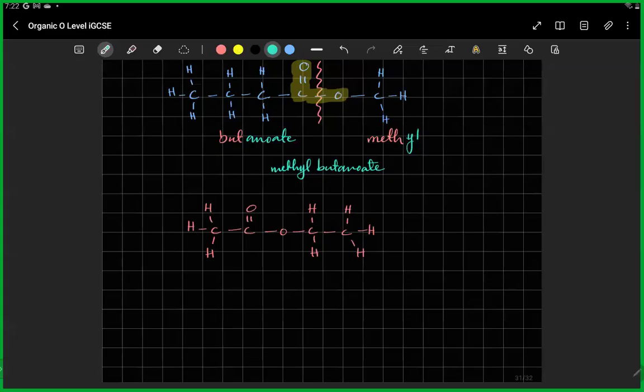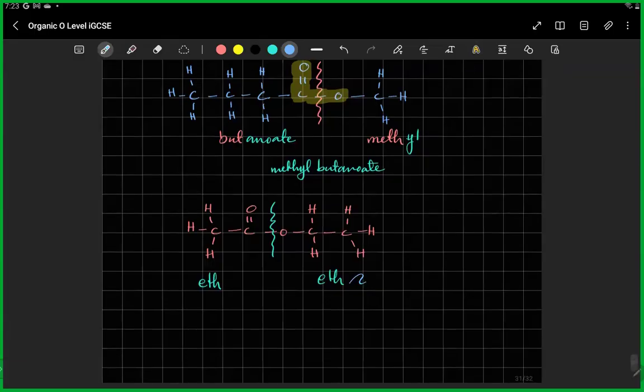How would you name this? It's going to be named in two parts. This side has 2 carbon atoms, so it's going to be called eth. The left side also has 2 carbon atoms, so that's also going to be called eth. The single O side is going to be referred to as yl, and the double bond O side will be referred to as oate. So the name of the molecule will be ethyl ethanoate. You put the two together.